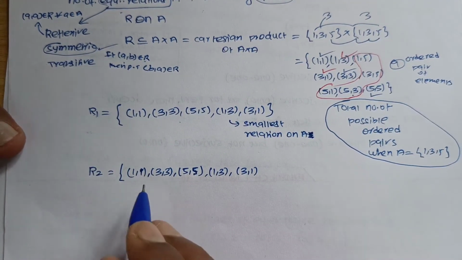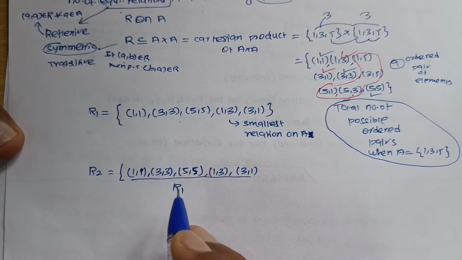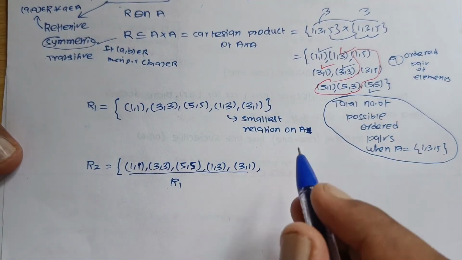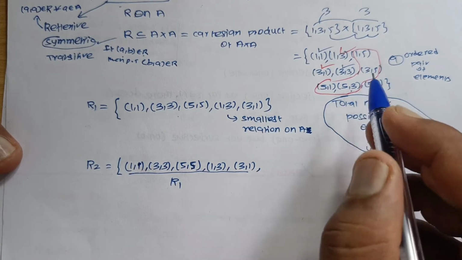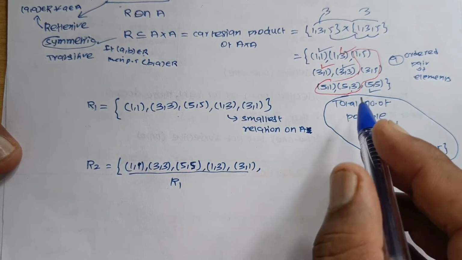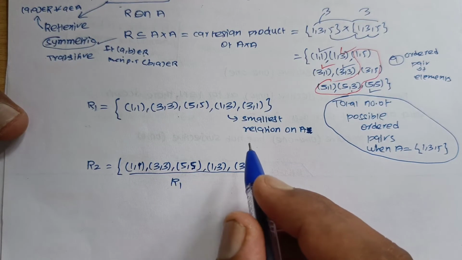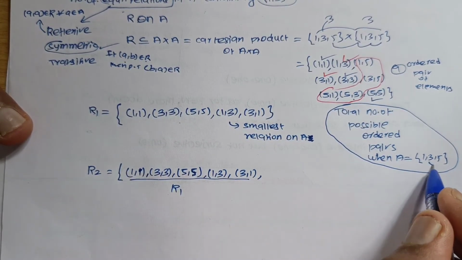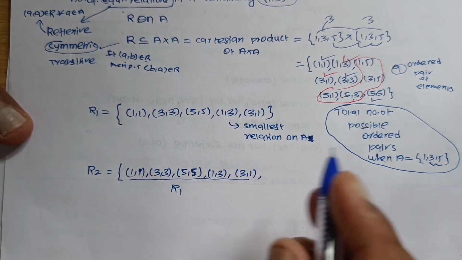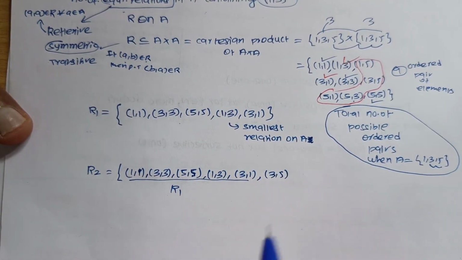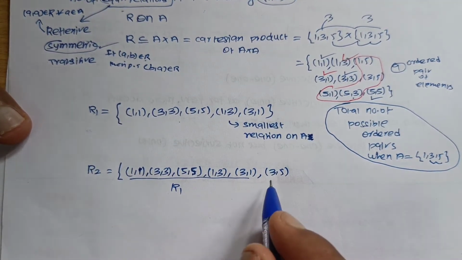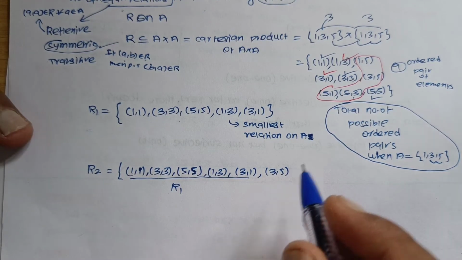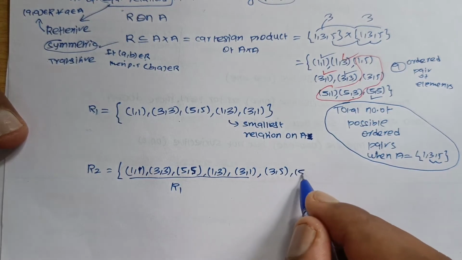To form R2, we first take R1, and here we can take (3, 5). If I take this, to prove symmetric we can also take (5, 3). So we take (3, 5) and (5, 3).